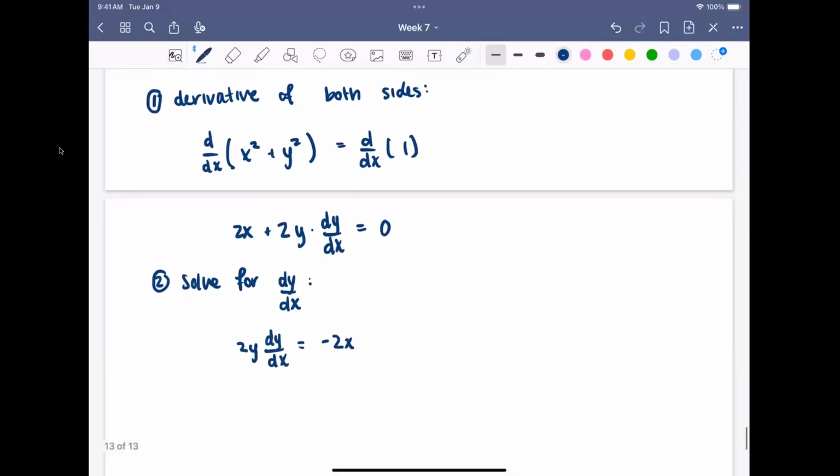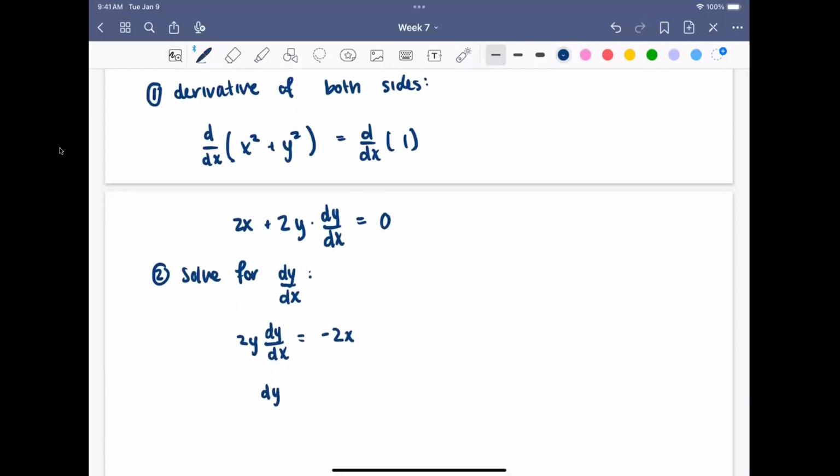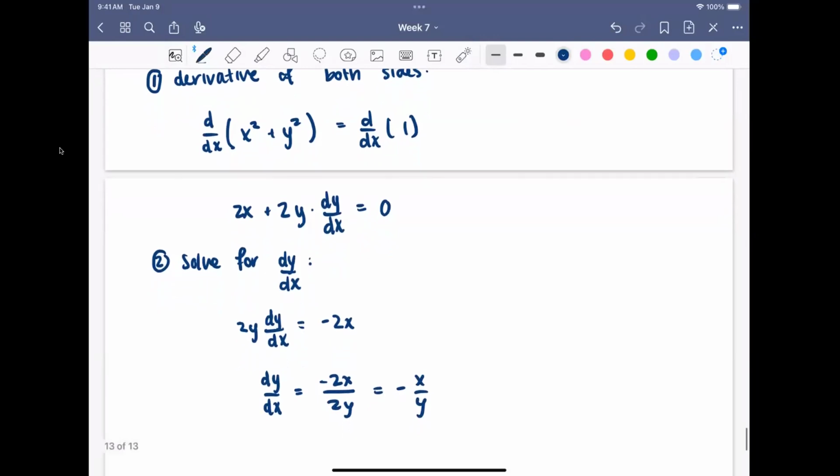And then I can just divide by 2y. So I get dy/dx is equal to minus 2x divided by 2y, which is minus x over y. Okay, are there questions about this stuff?